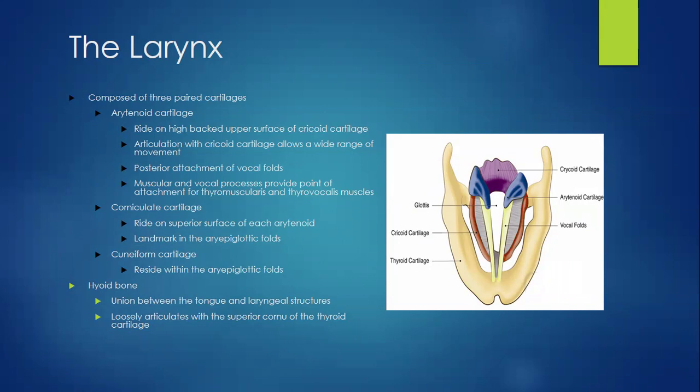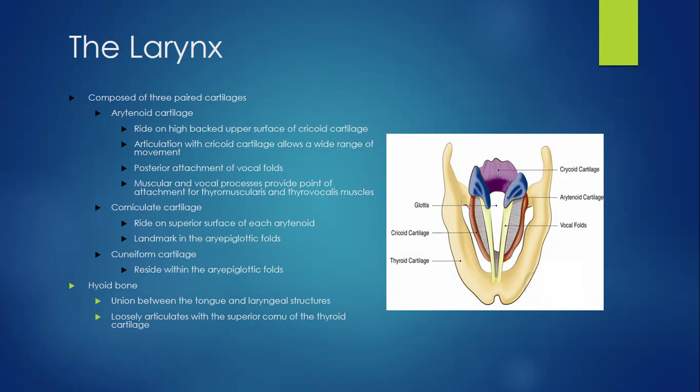The thyroid is the largest cartilage, and it's the one that has the Adam's apple or the laryngeal prominence on. The cricoid is the one that is smaller in front and bigger in the back, and it is also the one that sits directly on top of the trachea.